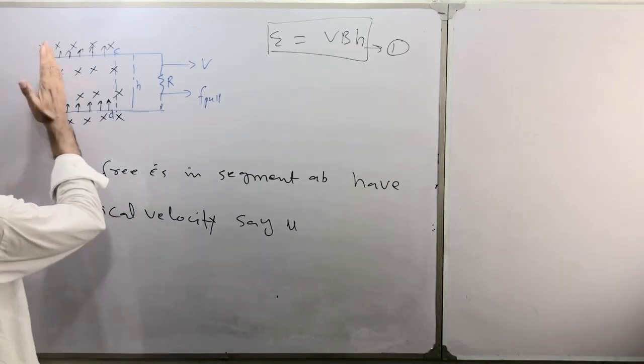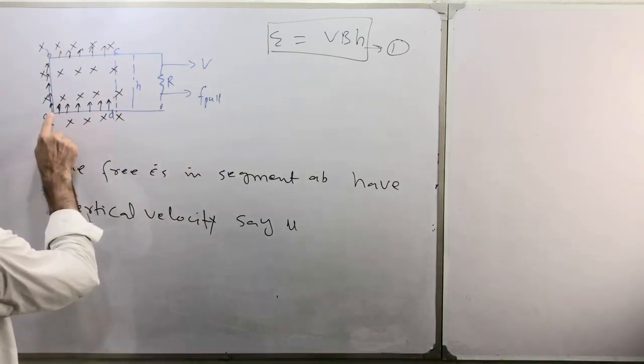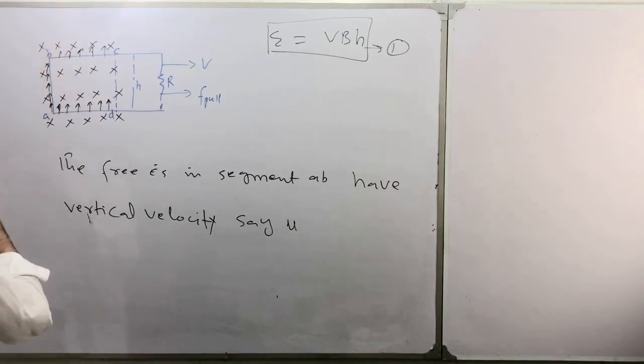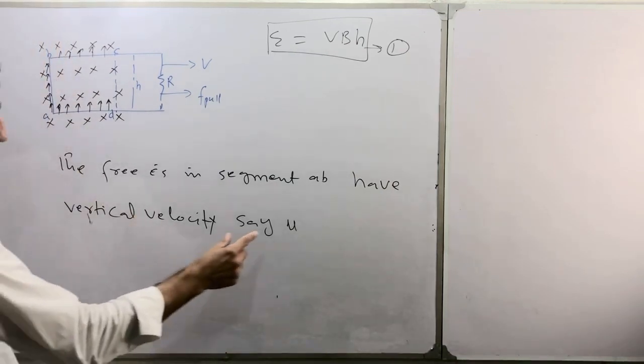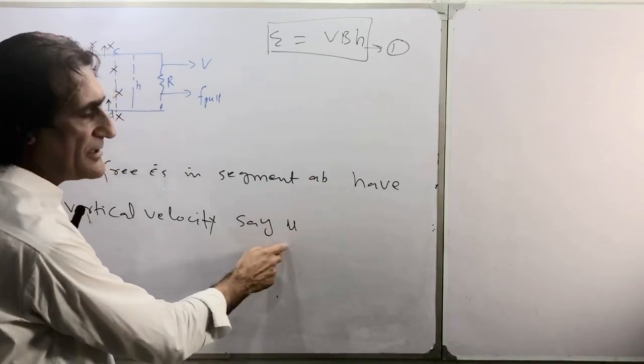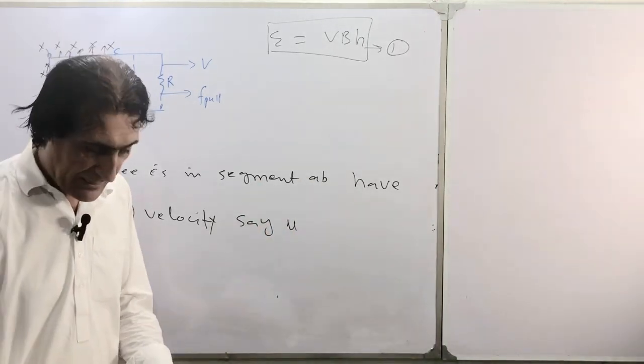If this is moving in this direction, then the electron has some velocity in this vertical direction, and we have considered this, let's say this velocity is u.